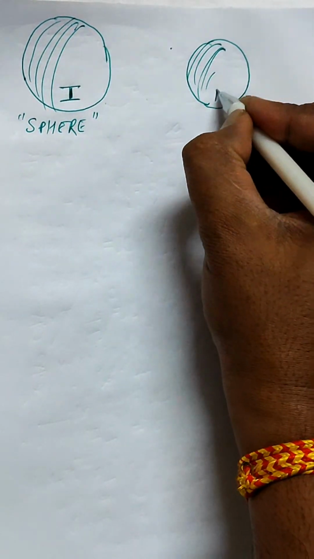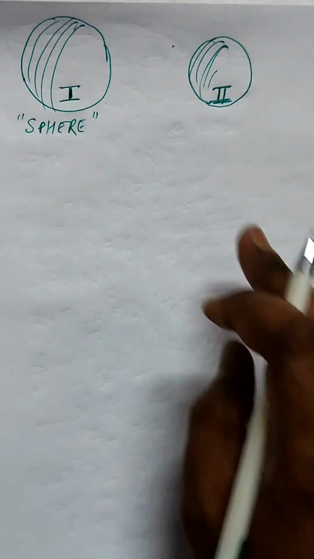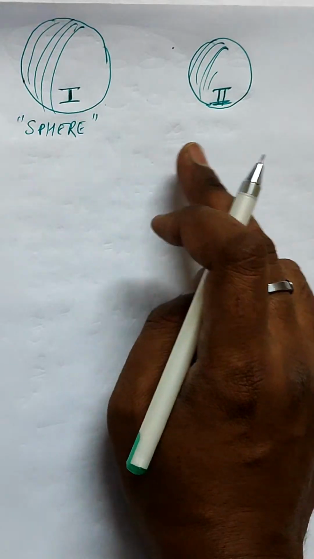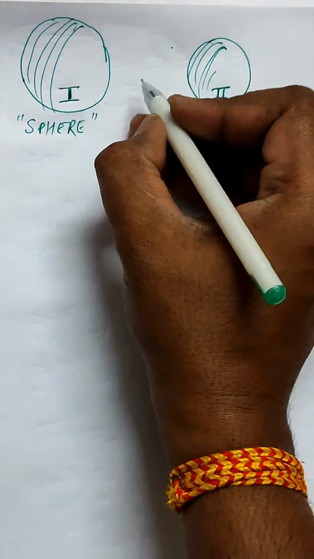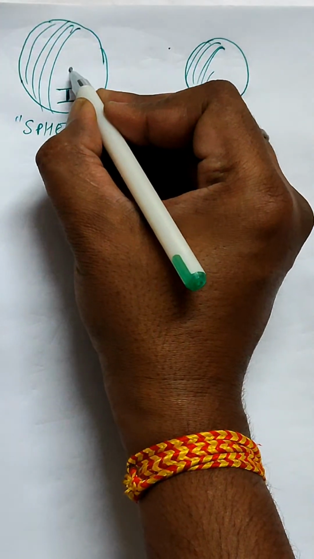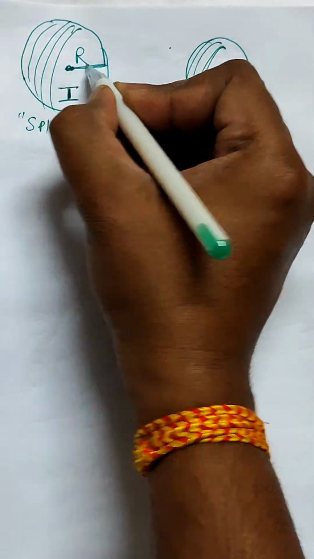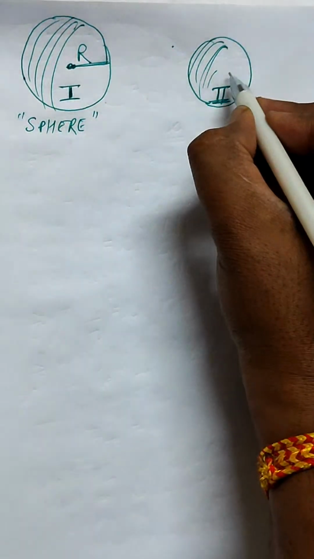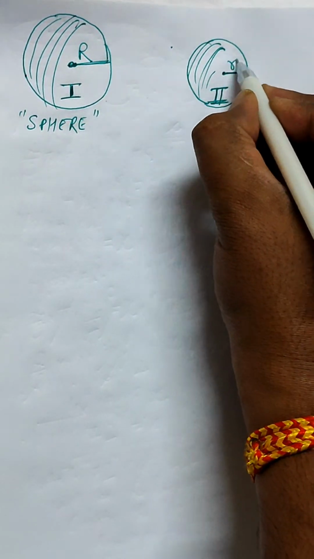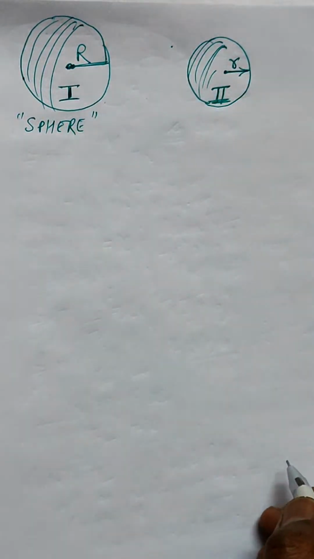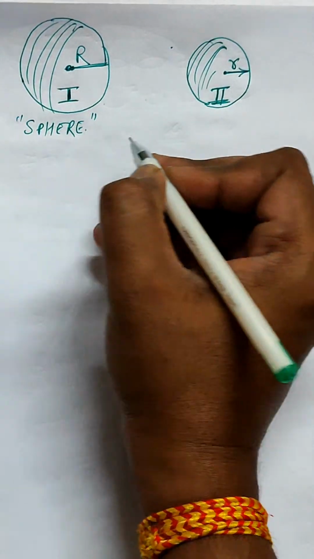Now it's given that the volumes of the two spheres are in the ratio 64 is to 27. So let us say for the bigger sphere the radius is capital R, and for the smaller sphere the radius is small r, right? Now what we can do, we know the volume of the sphere.